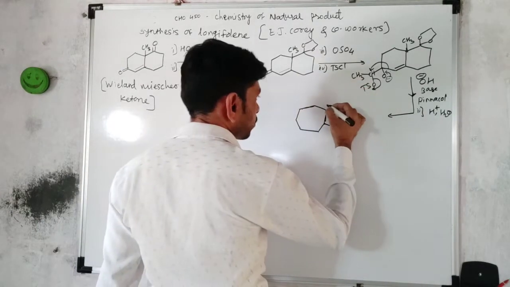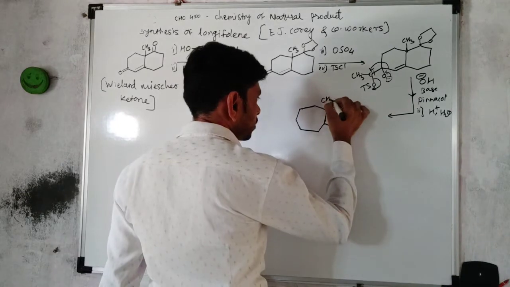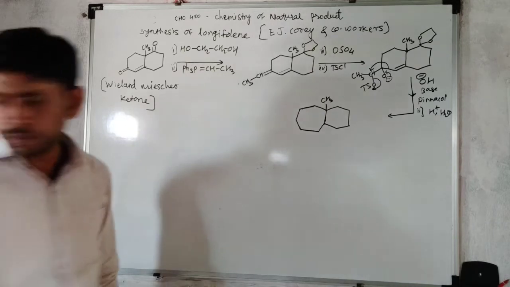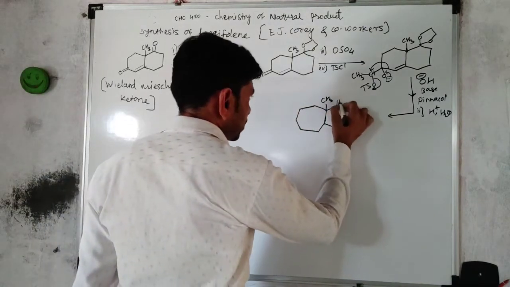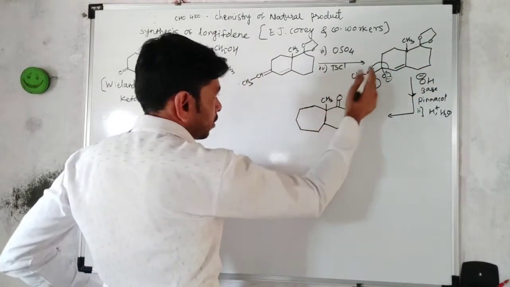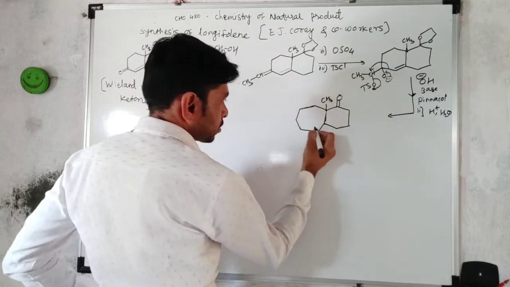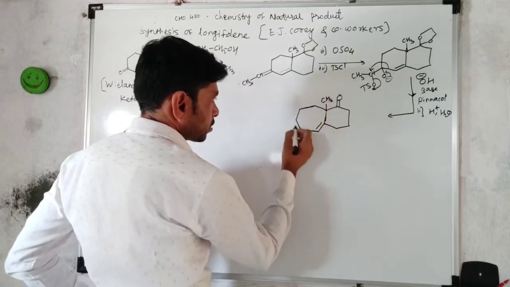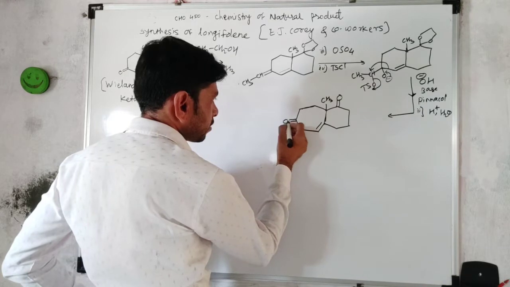See here, the other group remains as it is, CH3, and another carbonyl group, that is the deprotected carbonyl group. That deprotected carbonyl group remains as it is. After deprotection, it remains as a carbonyl group. So this double bond is here. Due to this, the carbonyl group is shifted here.